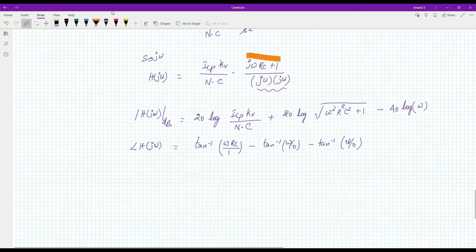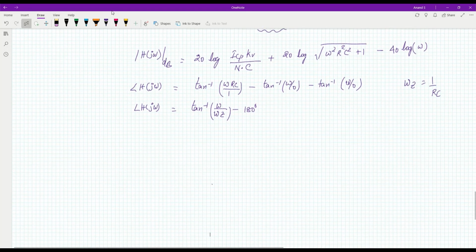We know that omega z equals 1 by RC. So the angle of H of j omega will be equal to tan inverse of omega divided by omega z, minus 180 degrees.